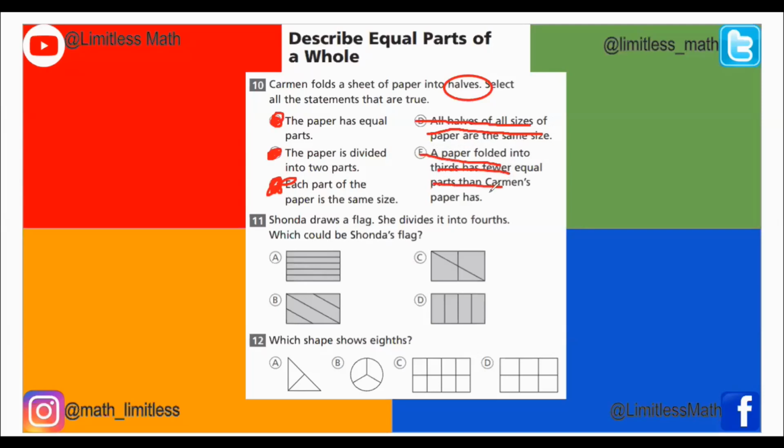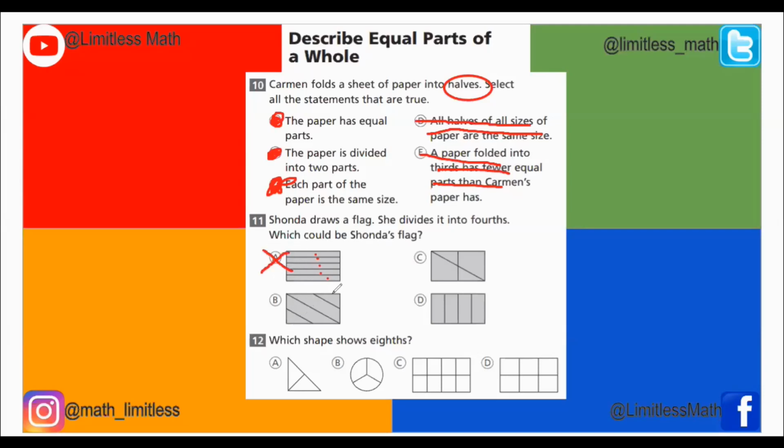Let's look at 11. Shonda draws a flag. She divides it into fourths. Which could be Shonda's flag? Let's go through each answer choice and see. A has 1, 2, 3, 4, 5 equal parts. But 5 equal parts we would call fifths. So A is not the answer.